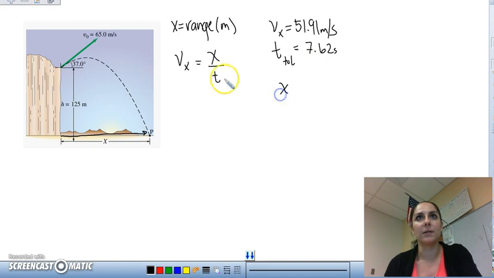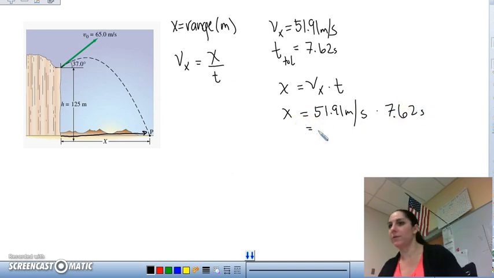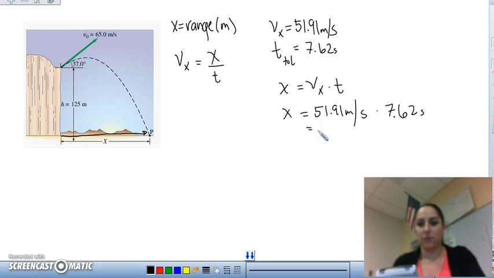So x, as you can see, if I solve algebraically, it reduces down to something we can solve pretty simply by finding the velocity in the x, which we did, times the total time. Just like that. Now when I solve for this, let me grab my calculator. 7.62 times 51.91.